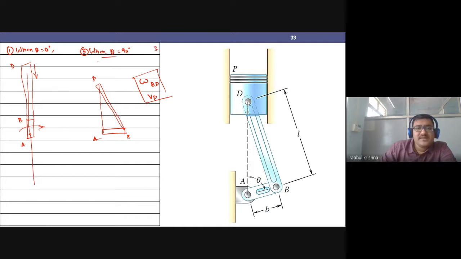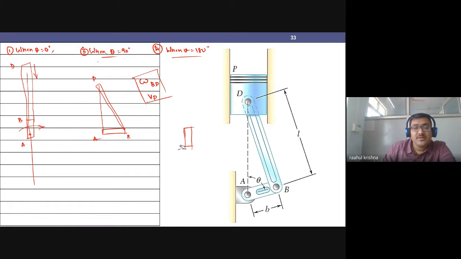Then another case is case 4. When theta equals 180 degrees, just try to imagine what will happen. My link BA is here, sorry, BA should come here.